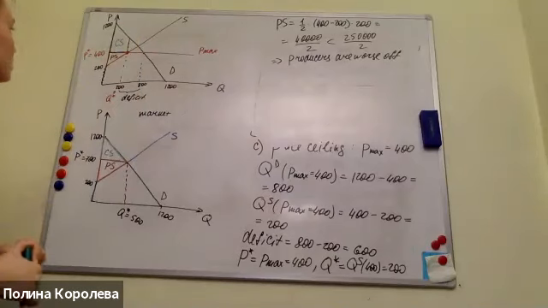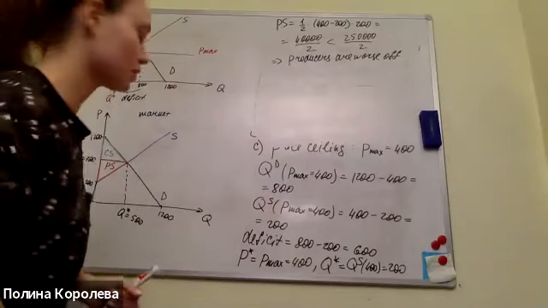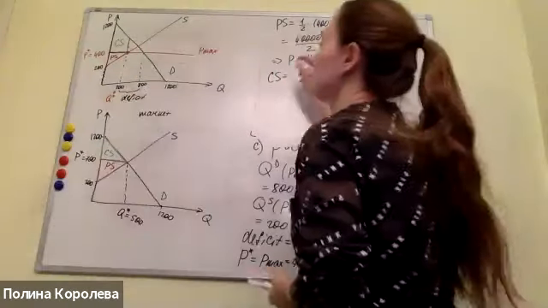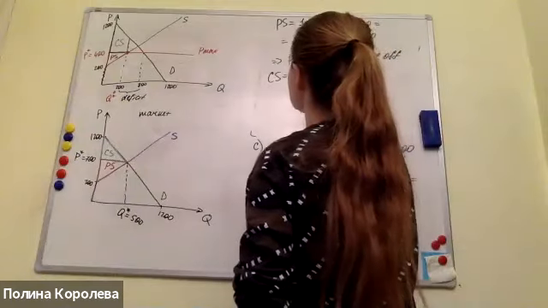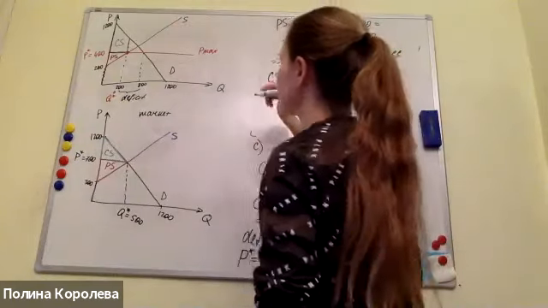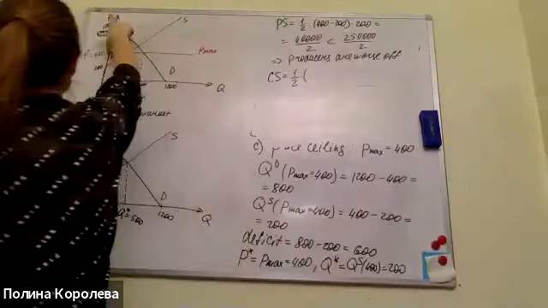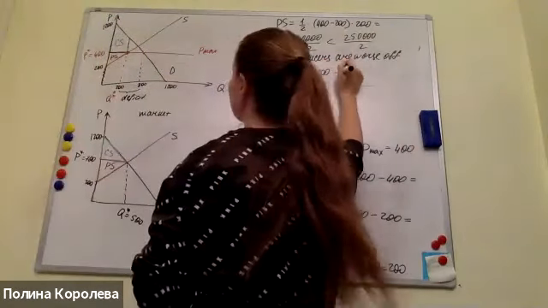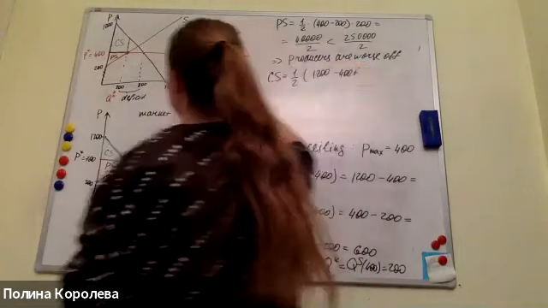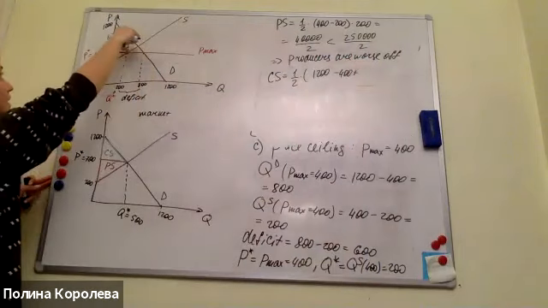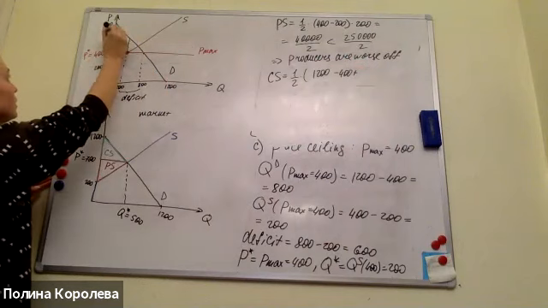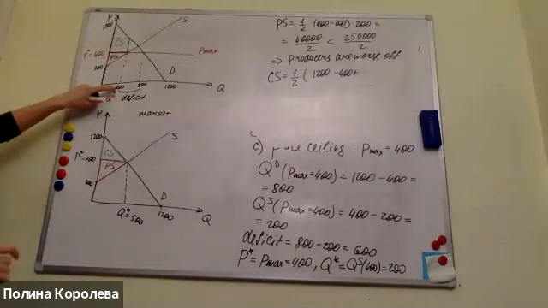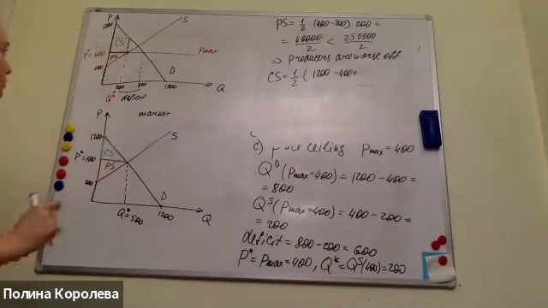We can calculate the area of the trapezoid. This is 1/2 of the sum of two bases. The first base is 1200 minus 400 plus the second base. How to find the second base? We should put this quantity 200 into the demand function. Easy.